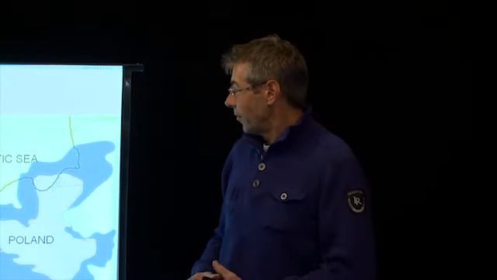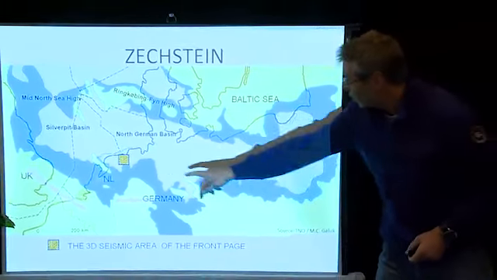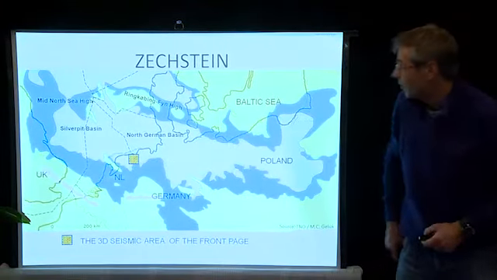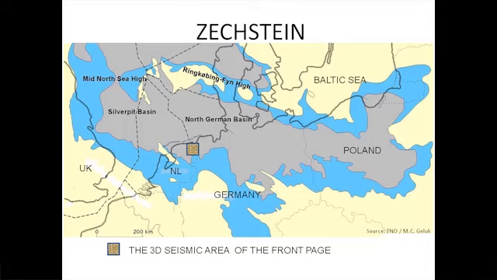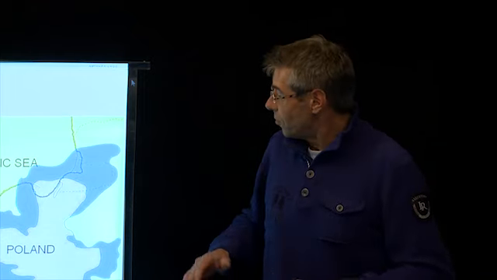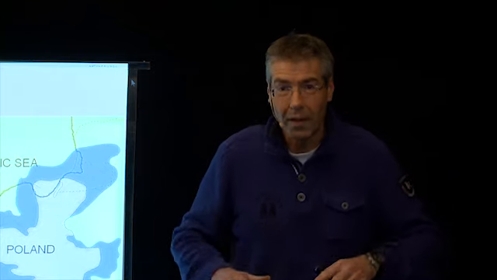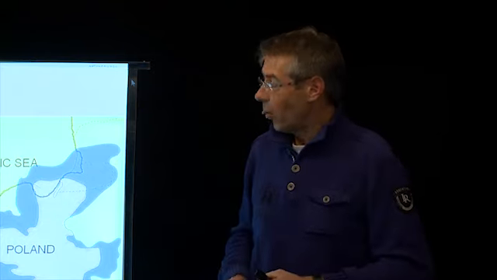The three-dimensional picture I showed you before is only a small part. This is a small part in the northeast of the Netherlands. It's only a small part out of the total Zechstein formation, which is a 500,000 square kilometers wide salt formation. And when you push back all the pillars, the thickness may become 1 kilometer on average.